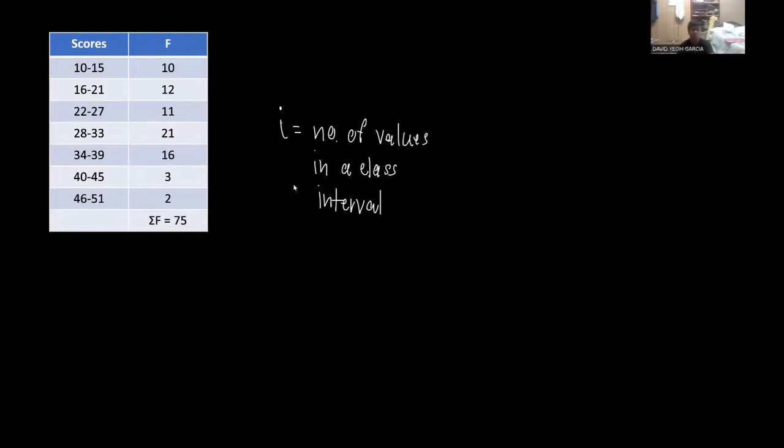So in my opinion, finding the class width first gives us the number of values in a class interval. Whatever the number of values in one class interval is, that will also be the number of values present in the other class intervals. For example, the number of values here is 4.